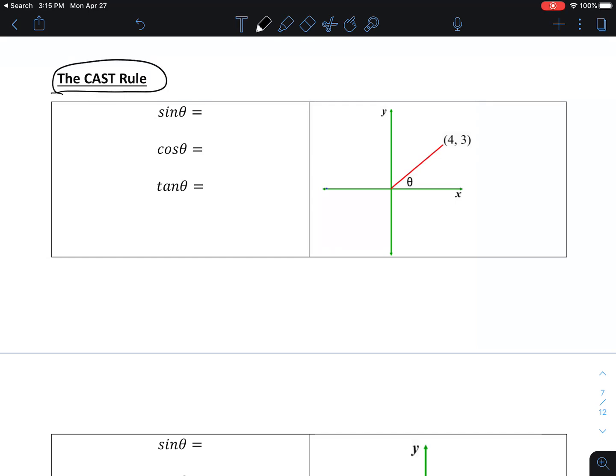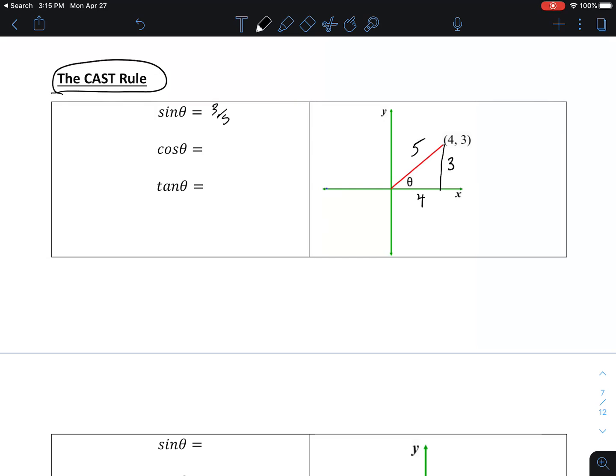Okay, so our next lesson is on what is called the cast rule. To explain that, we're just going to look at a few examples of some angles in standard position and look at their sine, cosine, and tangent ratios. If I complete the triangle, the base is 4, the height is 3.